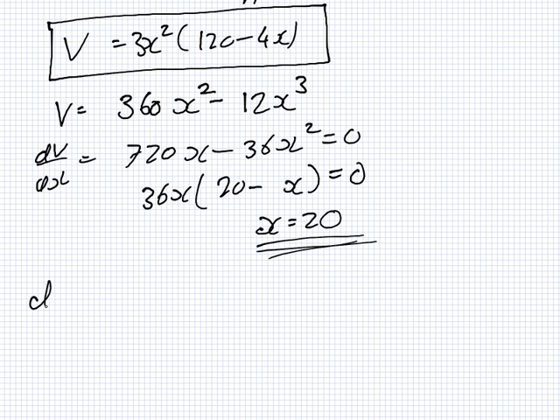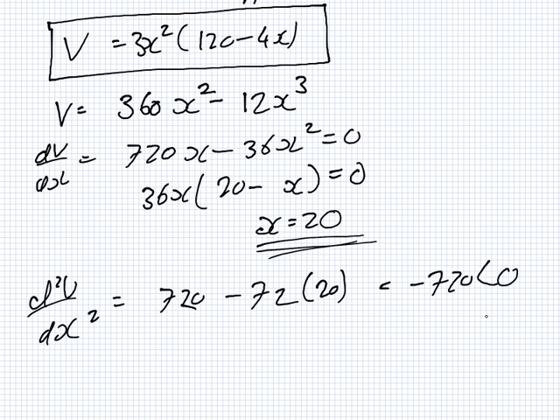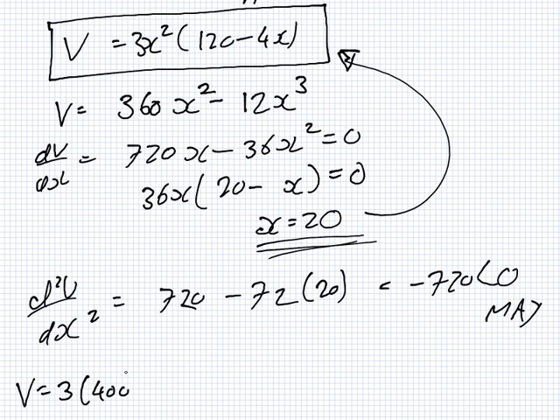Now the second derivative equals 720 minus 72x, and I put x is 20, so this comes out to be minus 720, which is a negative, which makes it a max. And finally, I put that in here to get the volume in the end. So volume is 3 times 20 squared, which is 400.